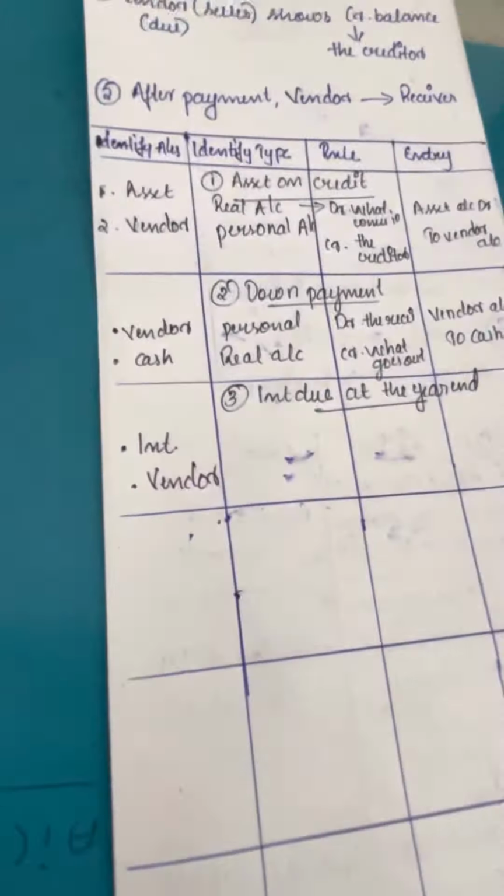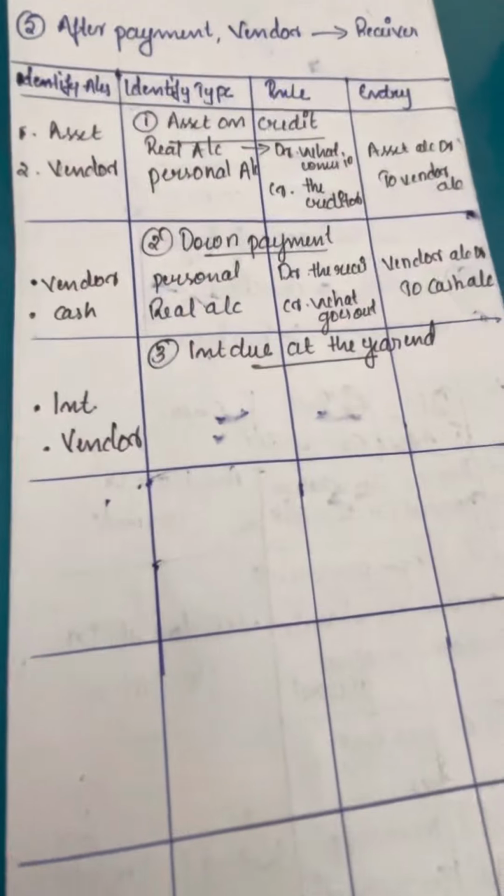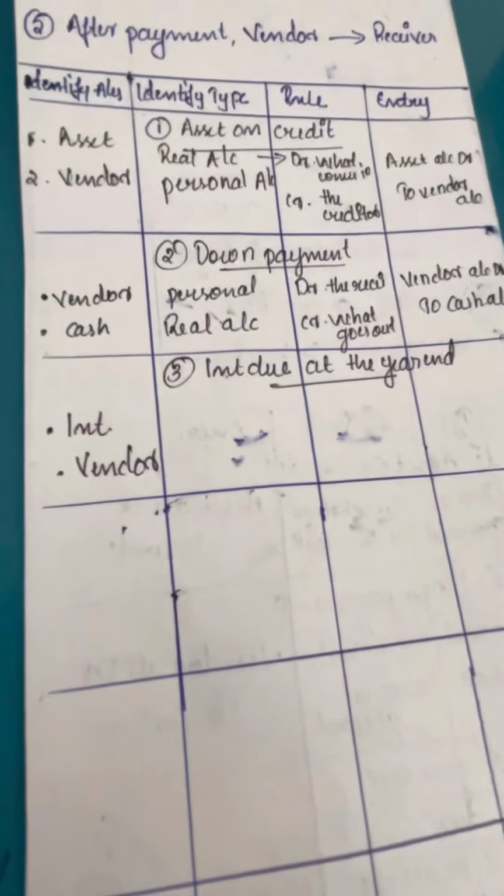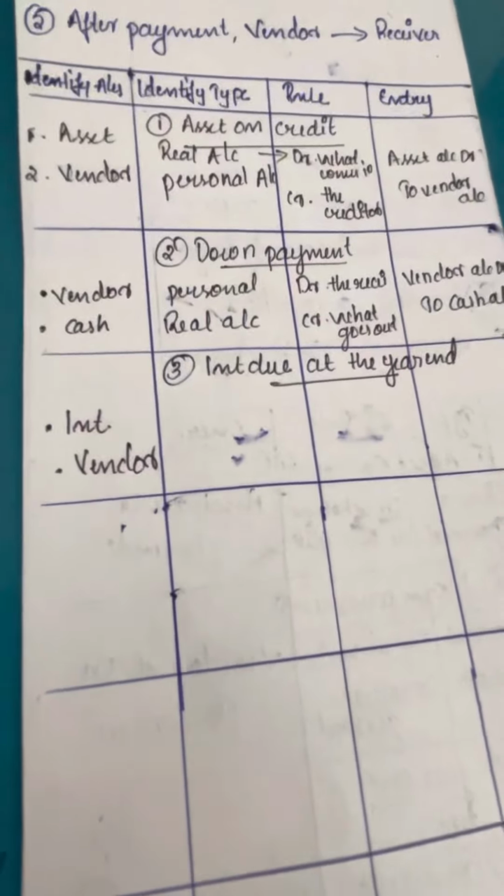Interest is a nominal account because it's a revenue expenditure. What is revenue expenditure? Revenue expenditure is used immediately or within 1 year. For example, rent is a revenue expenditure, and interest too. So interest is a nominal account, and vendor is a personal account.